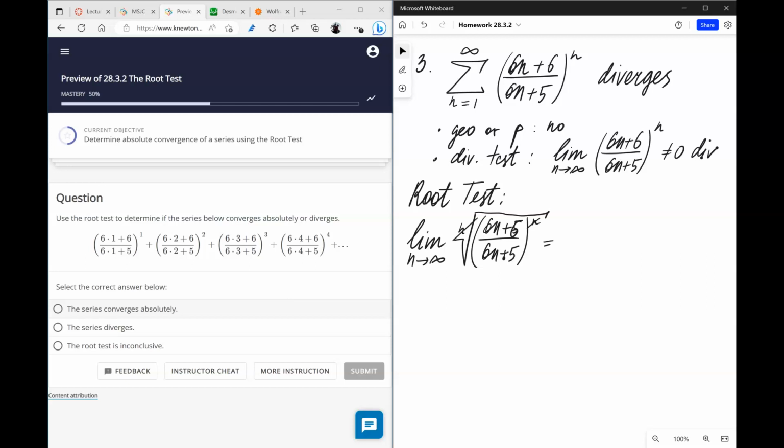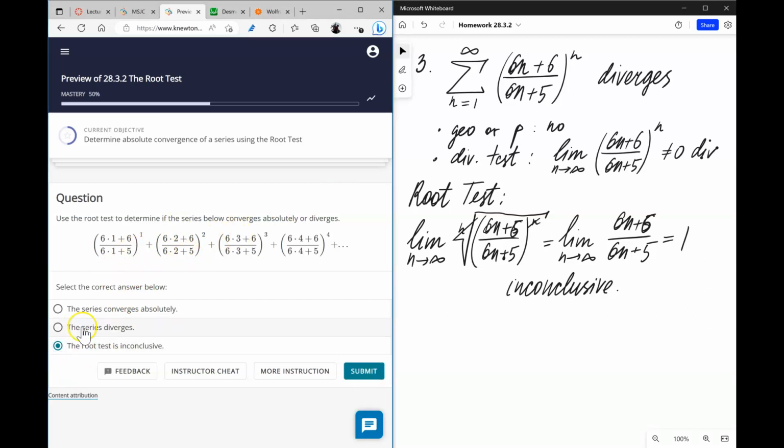Now here everything is positive, so we don't need the absolute value. So we end up with something like this. I don't know why I keep putting plus 5 in the numerator. It's plus 6, and this limit is equal to 1. So the test is inconclusive. But we do know that the series diverges. So to answer this question, we're going to choose this option, but technically this is also correct.